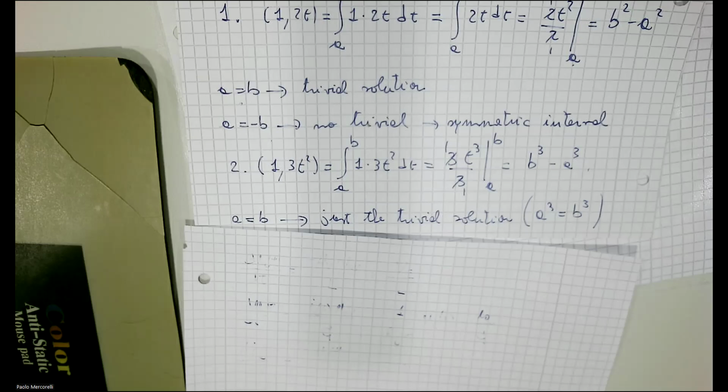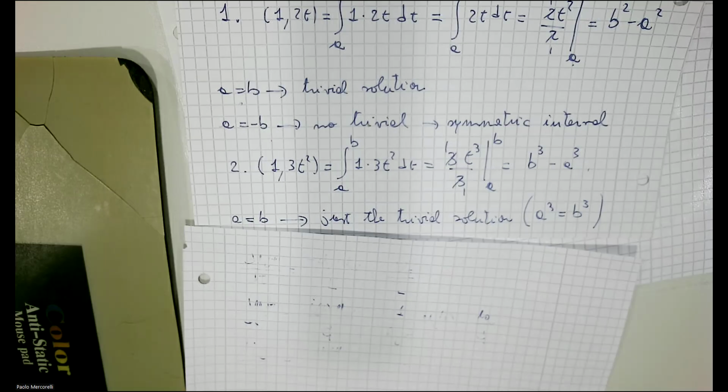Yeah, because I was confused: if I have the square root, for example, it's usually equal to plus minus B. So what is correct at this point? Is it only A equals B, or is it A equals plus minus B?